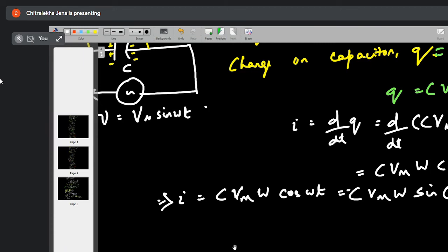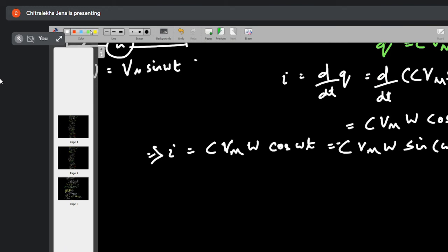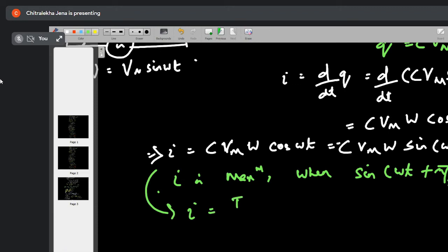So when will I get the maximum of this one? I is maximum when sine omega t plus pi by 2 is equal to 1. Okay. So I maximum is equal to C Vm into omega. All of you are writing or not? Yes, ma'am.